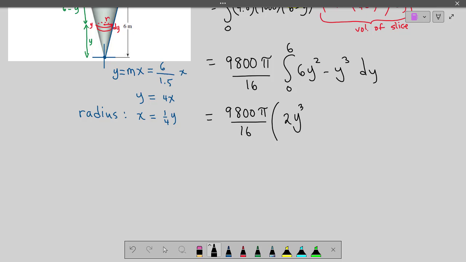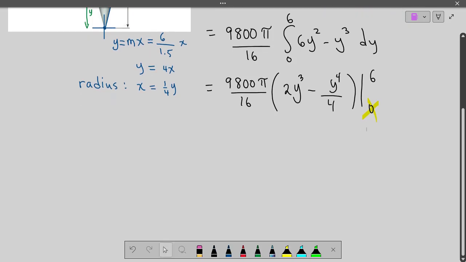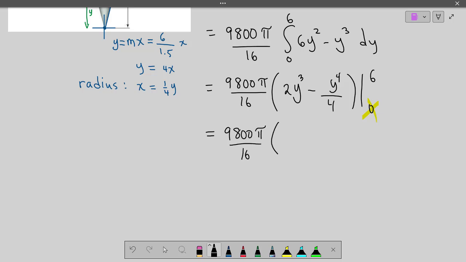Add 1 to the exponent, divide by the new exponent. Oh, we've got that. 0, nothing. 9800 pi divided by 16. Plugging in a 6 cubed, 216.